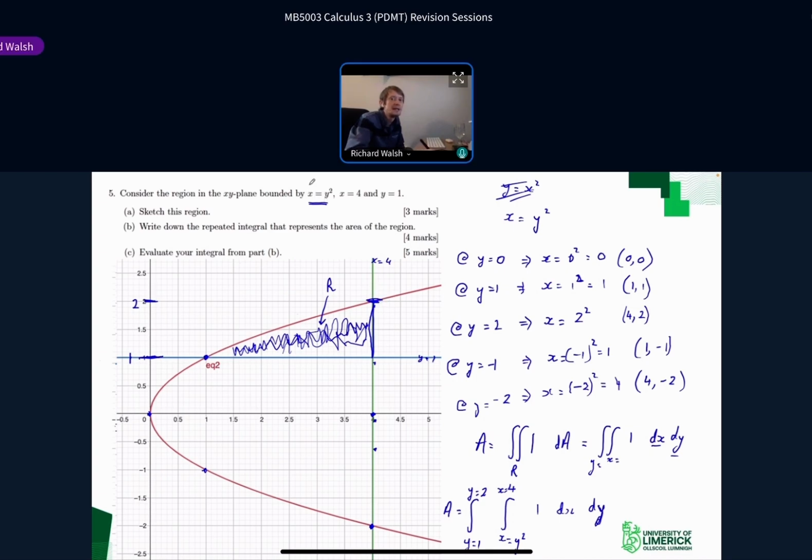It has to match up with that. So when x is 4, 4 equals y squared. So y will be the square root of 4, plus or minus, so plus or minus 2, but quite clearly it has to be plus 2. We just solve that, and that will give me the upper y. So that's our area integral, which is part B.